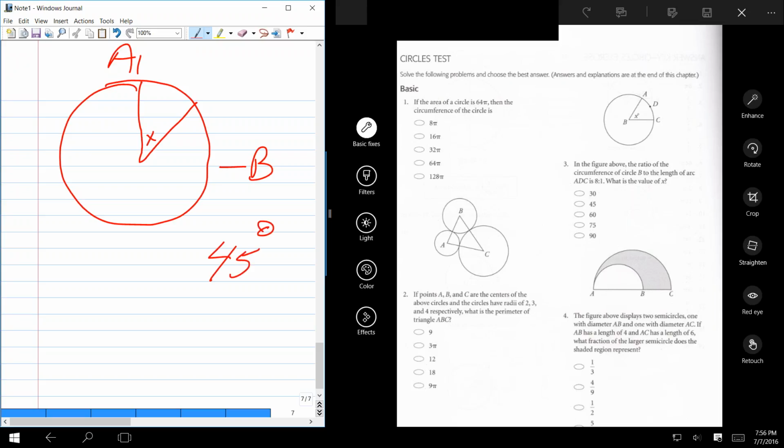Exactly. Now, let's go through how we got that. We want x is to 360 as 1 is to 8.